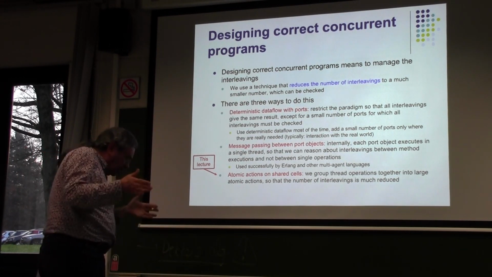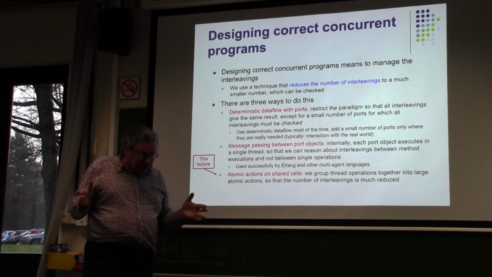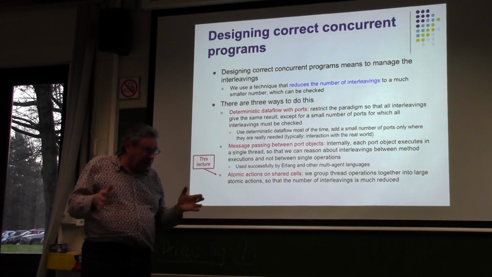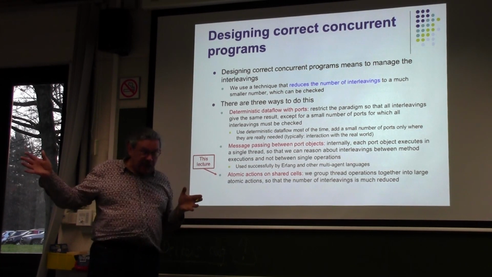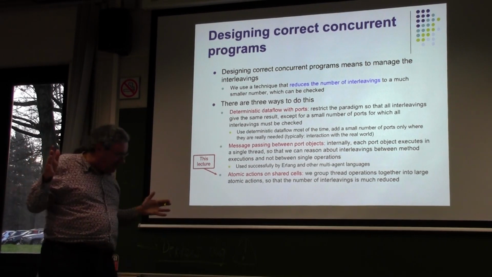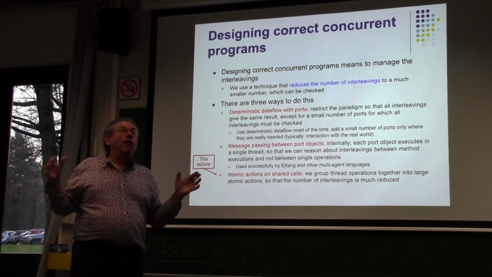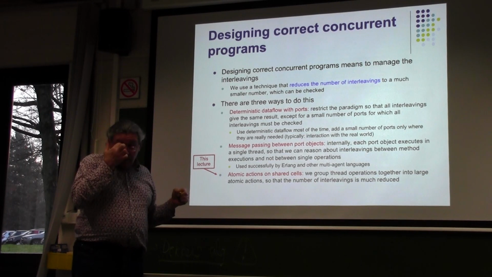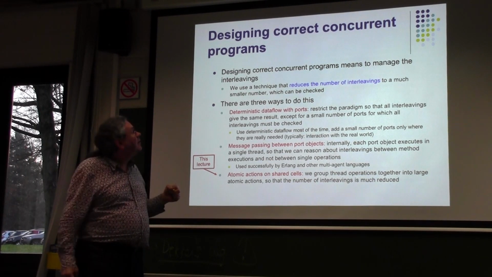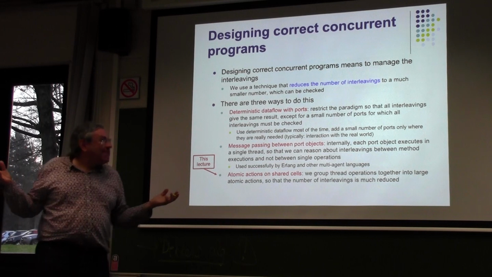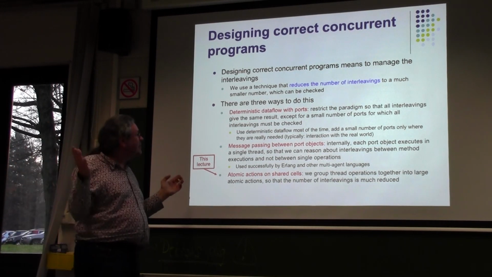If you have a paradigm that forces the result to always be the same, no matter how the scheduler chooses, that's pretty strong. Deterministic data flow does that. And then there are no worries.